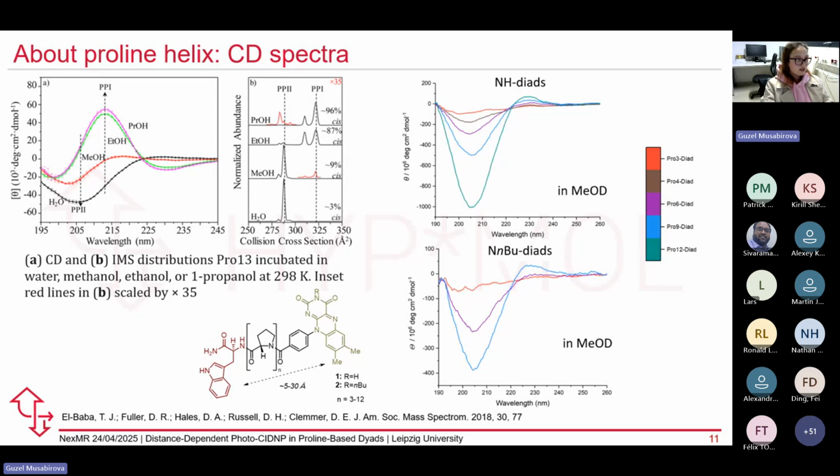So, one of the most interesting experiments is the difference between an N-H substituted dyad and an N-butyl substituted dyad. With STM microscopy, we see that the N-H dyad forms a linear structure which is nicely aligned.